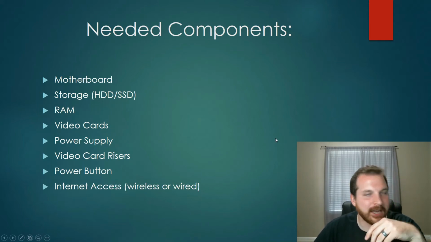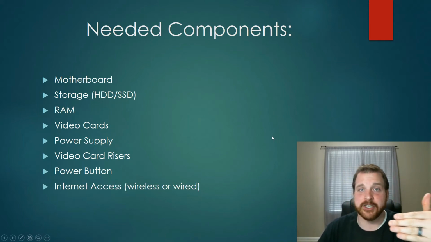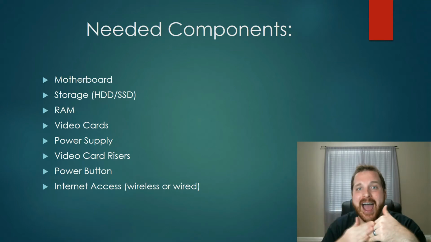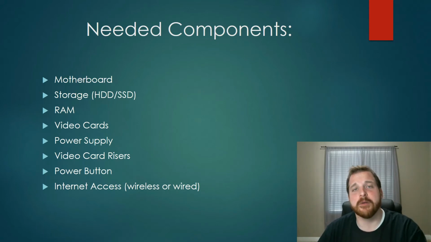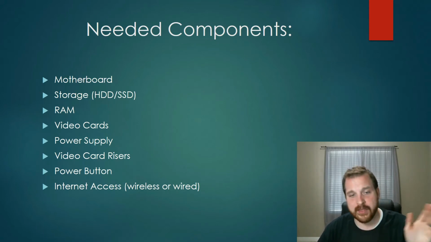And then obviously you're going to need some internet access. You need the internet so that you can hash and run your computer. Now I have 150 meg internet. It's not necessary to have that much, but I'm also running a lot of rigs at my house. And I wired them all. I trust wired internet more than wireless. My wireless tends to not reach certain places in my home as well.